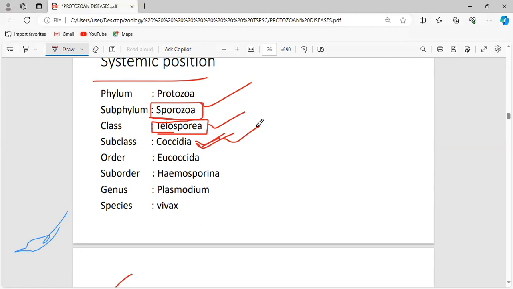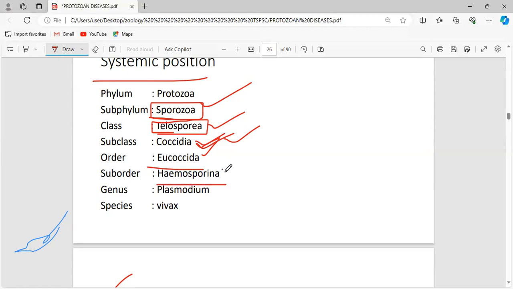Definitely, it is going to cause some diseases in humans. These types of parasites are placed under the Coccidia. Eucoccidia is the order under the Coccidia. These parasites live inside the cells of the animal host.